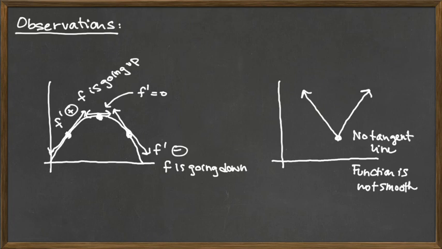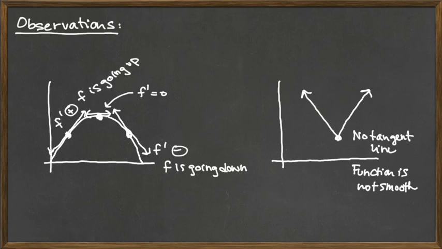Okay, it's not smooth there at that one point. The direction changes abruptly. To the left, we're going down. To the right, we're going up. But there, right there at that corner point where we're changing directions, it doesn't happen smoothly at all. We don't have a well-defined tangent line there.